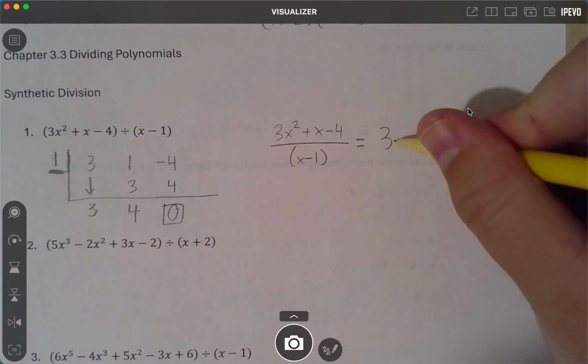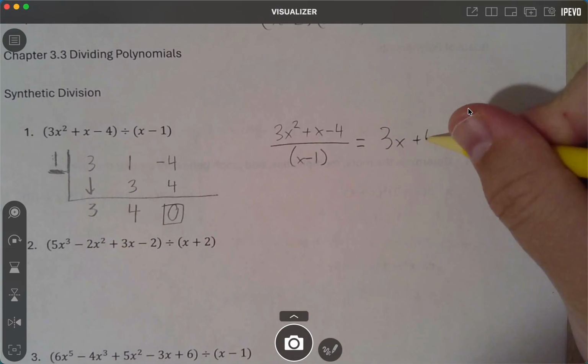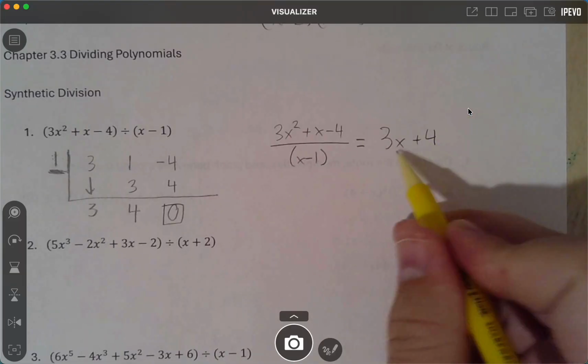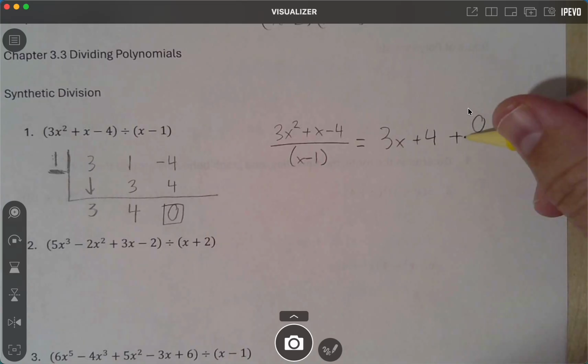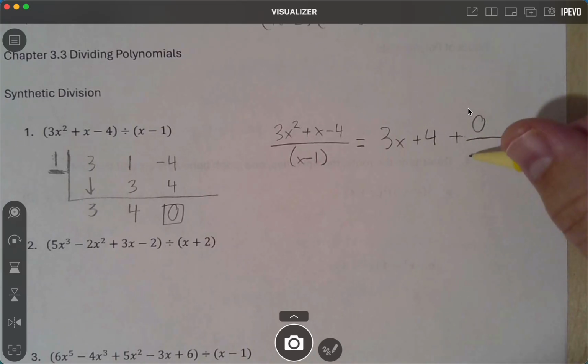So that is what we call your quotient. And what's your remainder? Your remainder in this case is 0, which I guess means there is none. You don't have to write it, but sometimes people will write it like this.